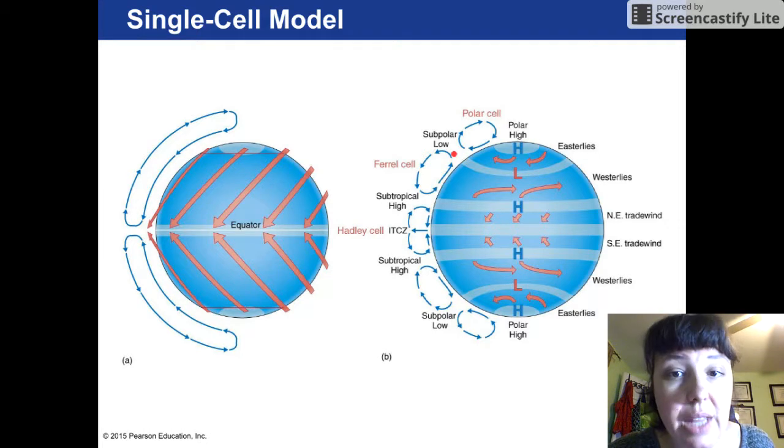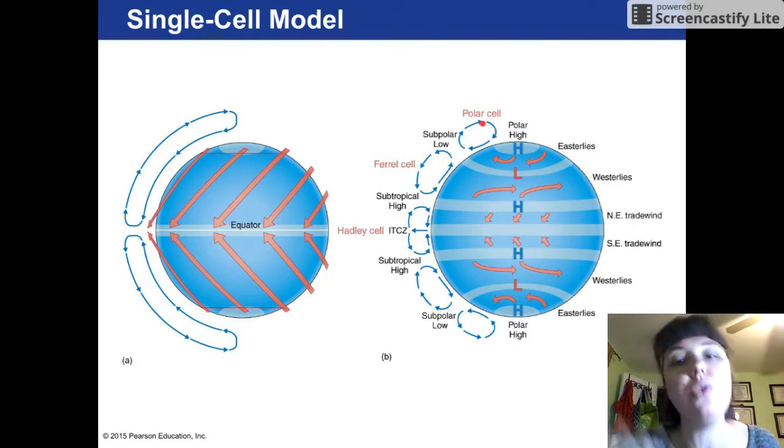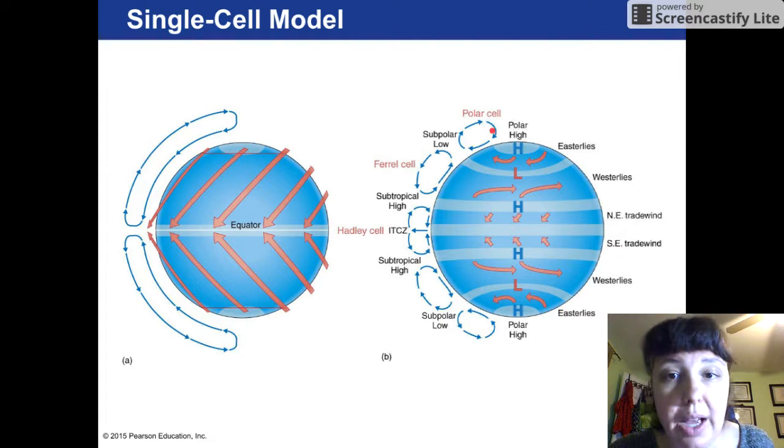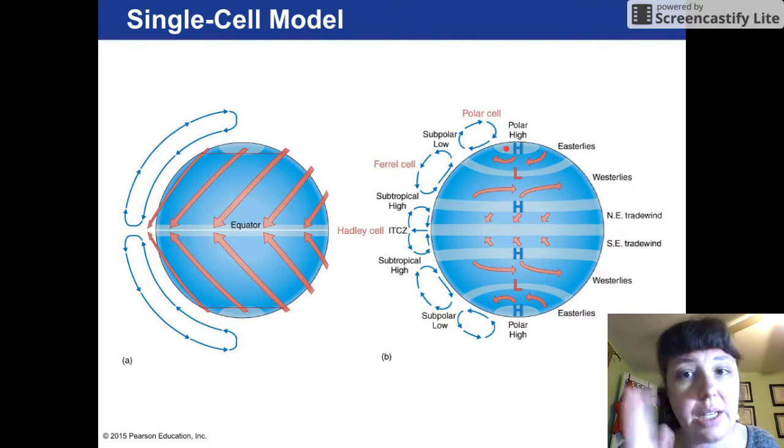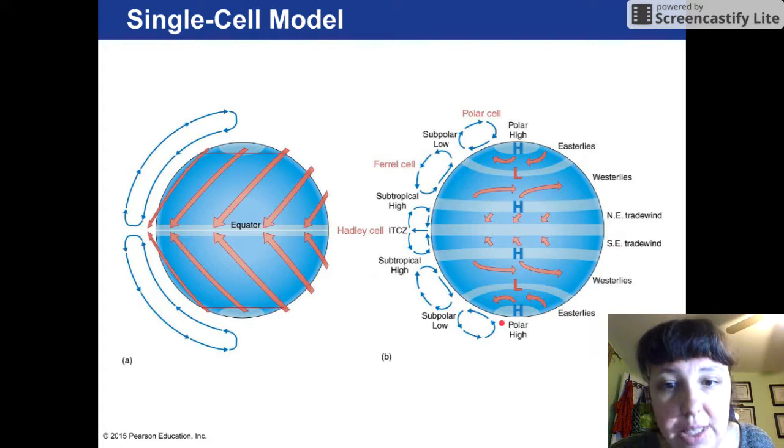And in this zone, the air rises up again and it diverges aloft. And some of it rotates back down within the Ferrel cell, and some of it rotates into what's called the polar cell, which is the northernmost cell, which cools off and sinks right around 90 degrees north latitude and 90 degrees south latitude. And this is my polar cell.